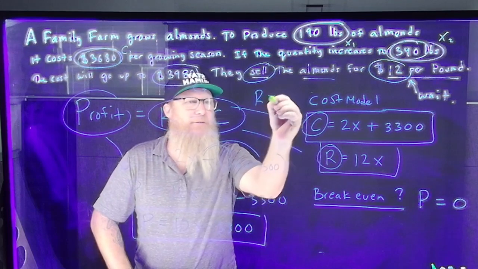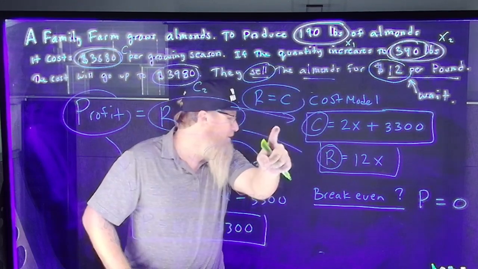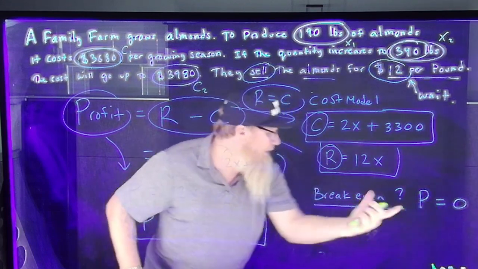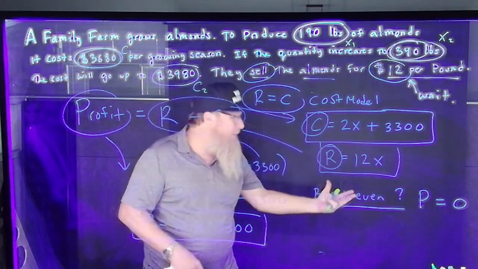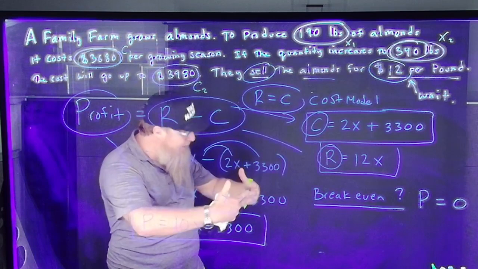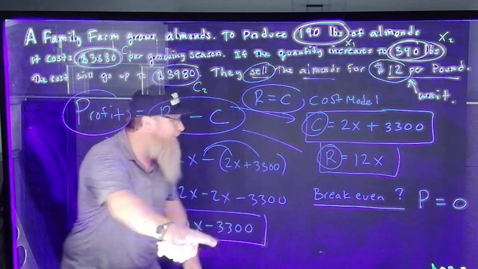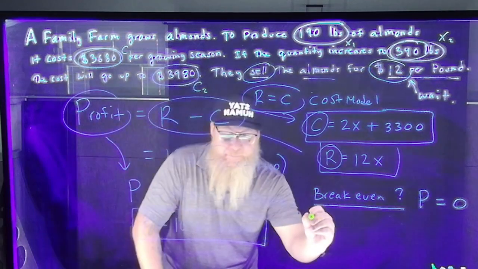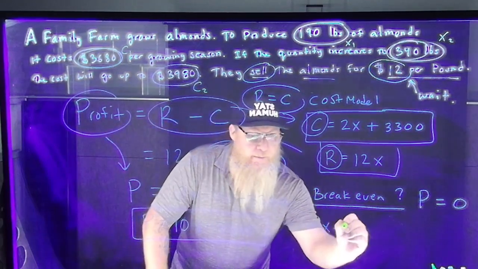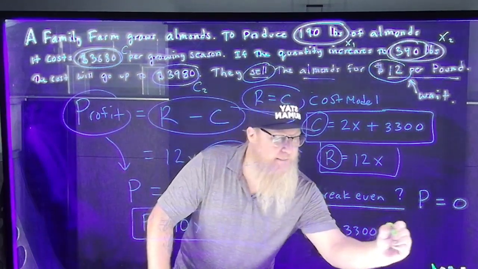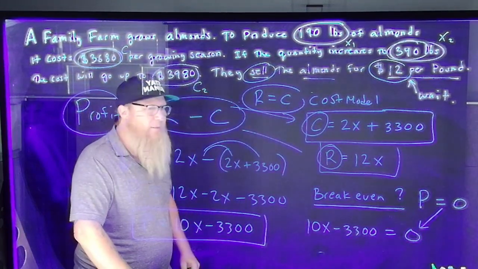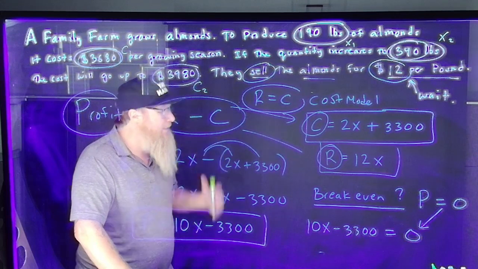You brought in some money, you spent some money, those things are equal to each other, and so your overall profit is 0. All right, so we take this model and we set it equal to 0.